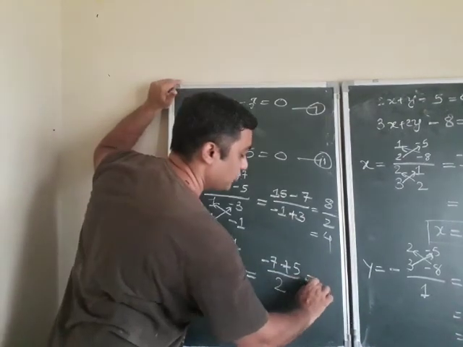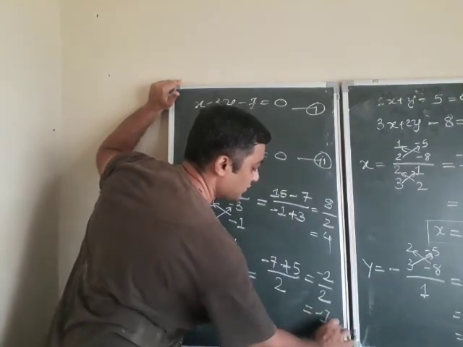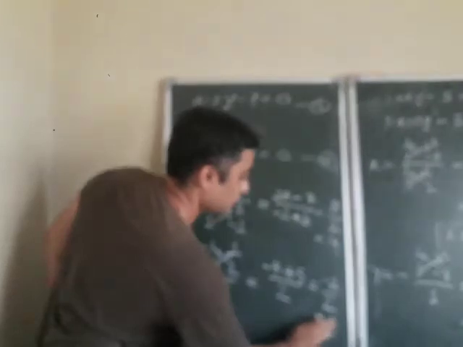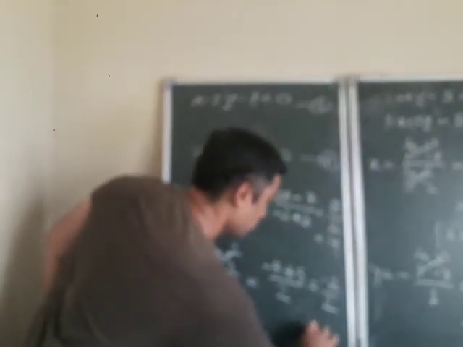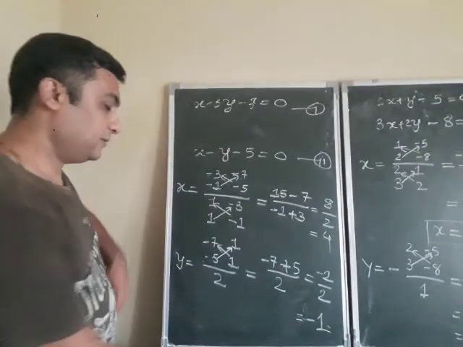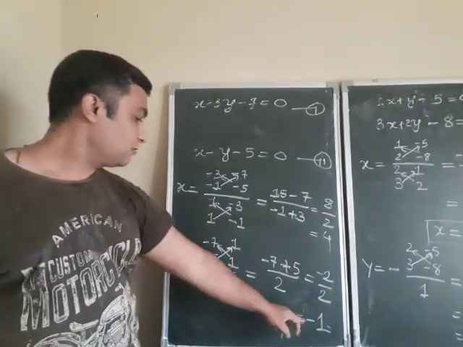Minus 7 plus 5 it's a minus 2 upon 2, and it is equal to minus 1. चलिए ready. So x is equal to 4 and y is equal to minus 1.